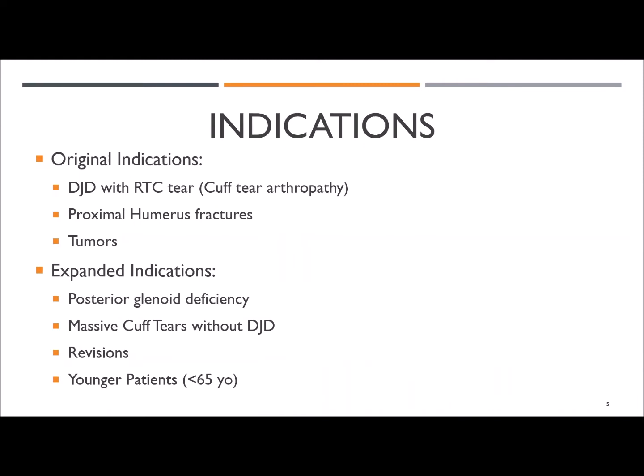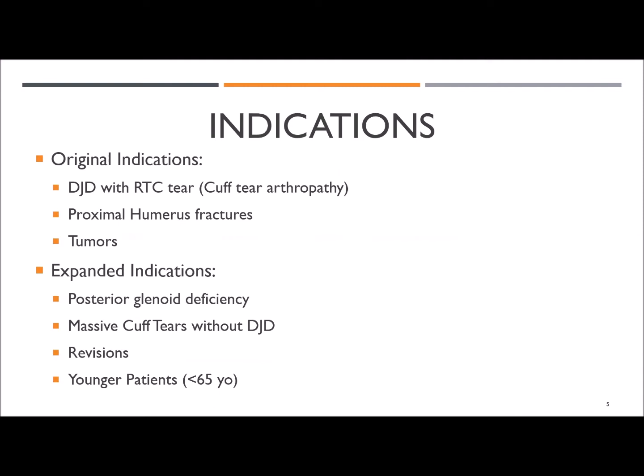And then some of the expanded indications, because we saw such great success with reverse shoulders, was for posterior glenoid deficiency. So even if you have an intact rotator cuff, but you've got a large amount of deficiency on the posterior aspect of the glenoid, that's been shown to predispose patients to instability and early glenoid wear and failures in anatomic shoulders.